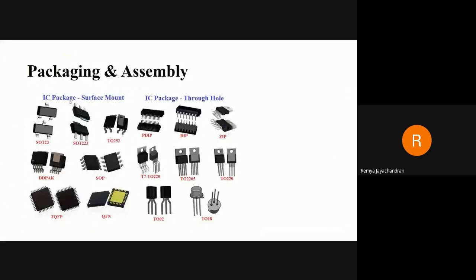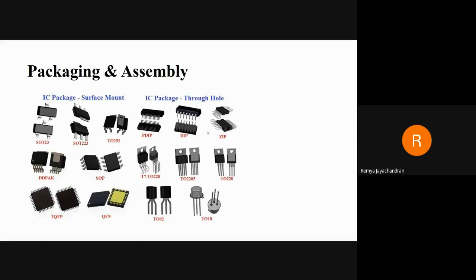Different types of packages are there: surface mount packages and through hole packages. For surface mount, you can see the QFN package, QFP, SOP package, and for through hole, we are familiar with this one.